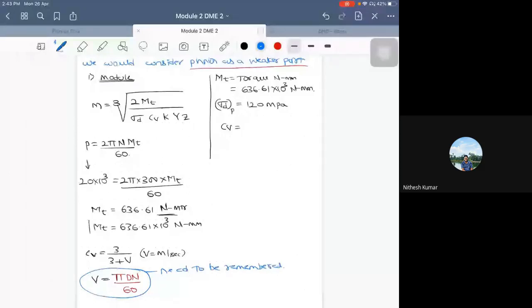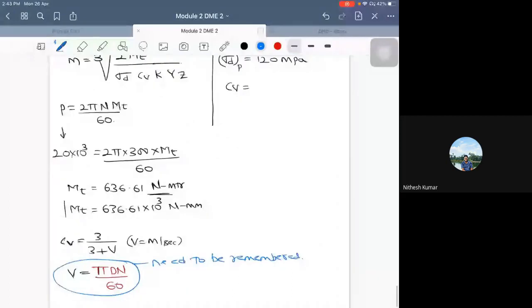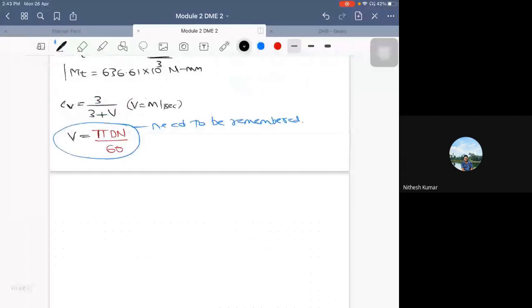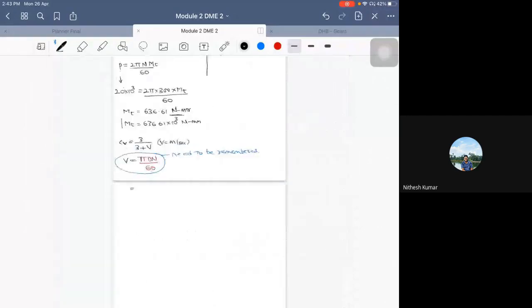Okay. Now, to calculate this V, again, which parameters do I require? Diameter and the speed, isn't it? Which diameter should I consider, and which speed? Should I consider the pinion or the gear?